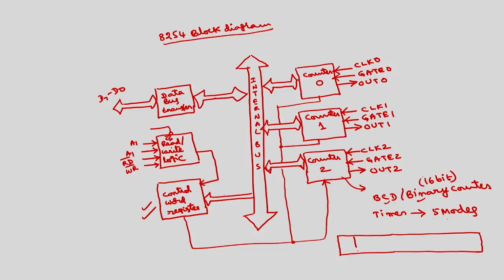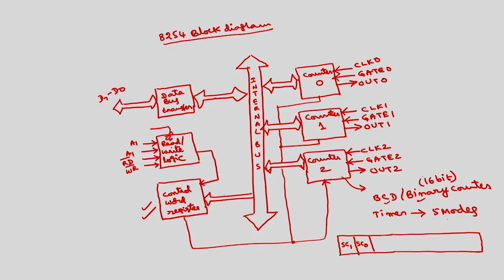This will be SC1, SC0. This will control select counter. SC stands for select counter. 0 0 means counter 0, 0 1 means counter 1, 1 0 means counter 2, 1 1 means it is an illegal operation.